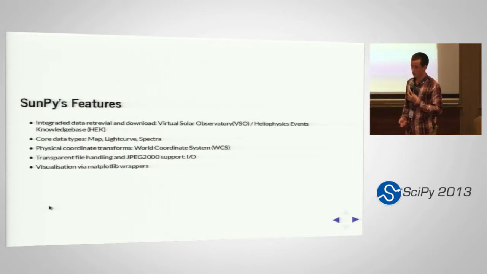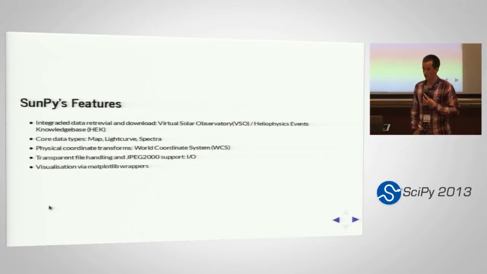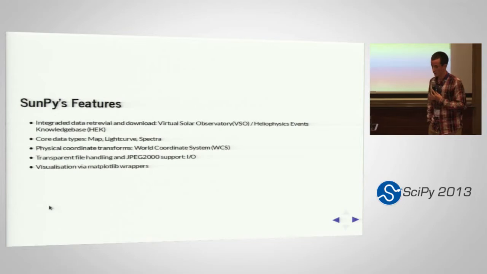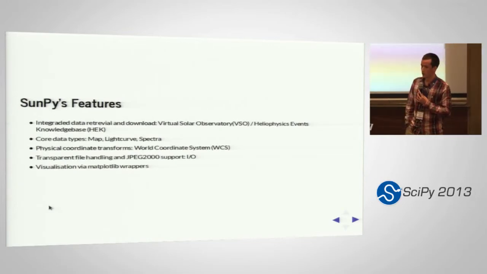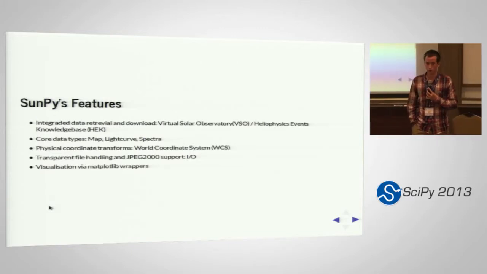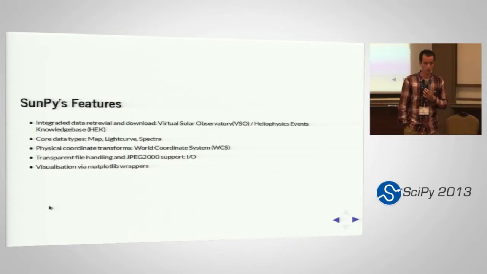And also a front end to the Heliophysics Events Knowledge base, which is a database of events on the sun like flares or eruptions, and which tells you the spatial and temporal coordinates where these events happen, so you don't have to download terabytes of data and scan through it to find these things. You can look them up and download the bit of data that interests you instead.